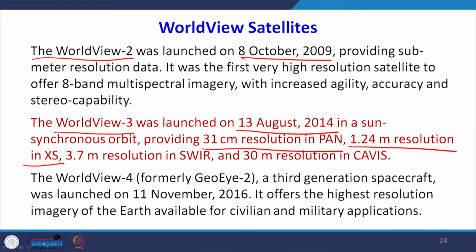Then there were shortwave infrared bands which were providing 3.7 meter resolution, and 30 meter resolution in CAVIS. After that WorldView 4, which was earlier known as GeoEye-2, was launched in 2016. It offers the highest resolution imagery of the earth available for civilian as well as military application.